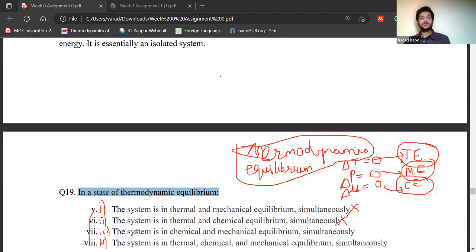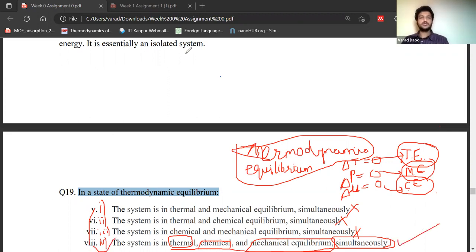Option 3: system is in chemical and mechanical equilibrium simultaneously. This is also not correct because nothing has been mentioned of thermal equilibrium. So let us go to option 4: system is in thermal, chemical, and mechanical equilibrium simultaneously. This simultaneously is important. So this satisfies the definition, and hence option 4 is correct.